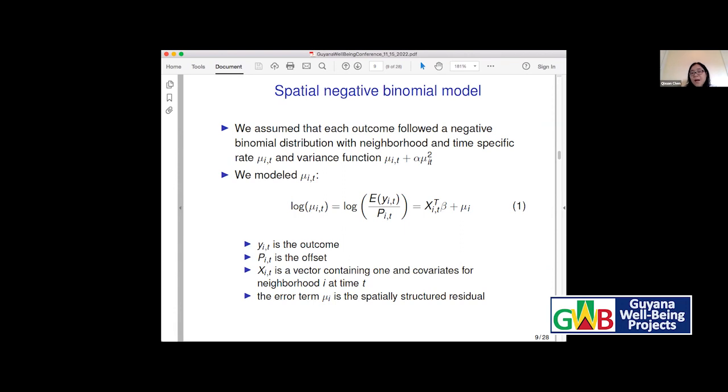We need to account for the rate, which would be a better measure. So we need to divide the total count by the total population size in that neighborhood.